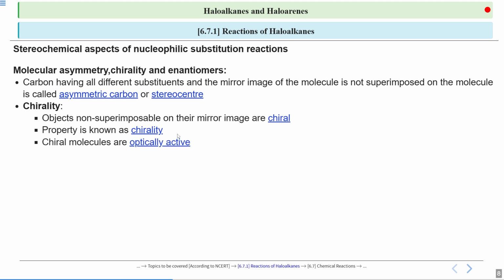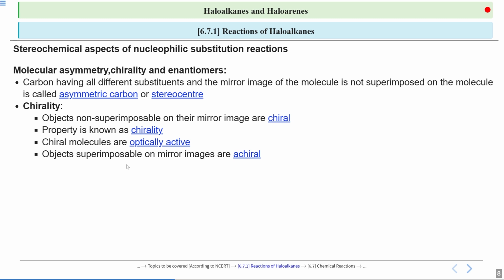Chiral molecules are optically active. That means they have the ability to rotate the plane of plane polarized light in some direction. The objects that are superimposable on their mirror image are known as achiral. We just put an 'a' before chiral to show that this is the opposite of chiral.